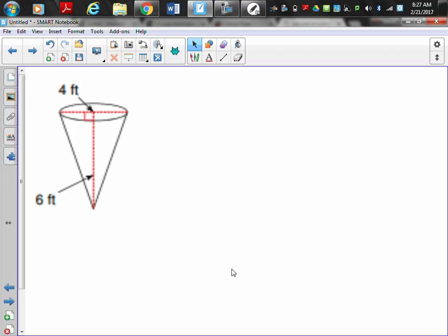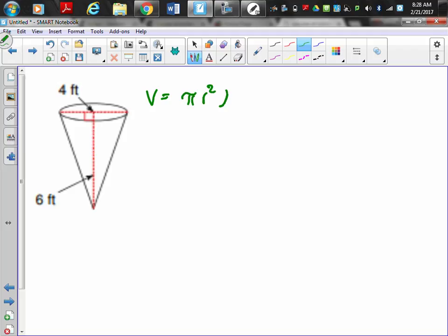Always write your formula first. So we're looking for the volume of this cone. Volume equals pi r squared height times what? Which is the same as divided by 3.